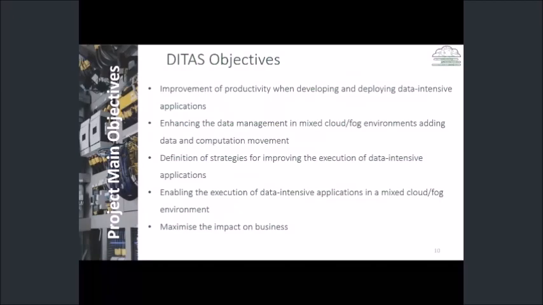In the next slide, I would like to highlight very briefly the objectives that the projects want to achieve.